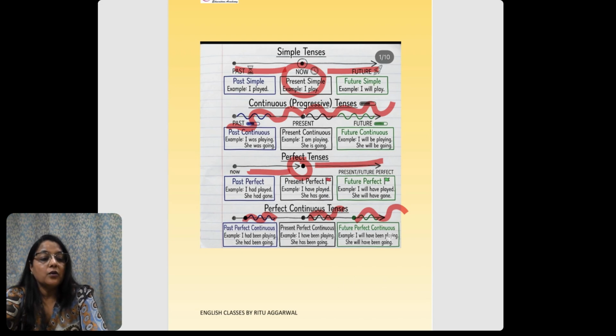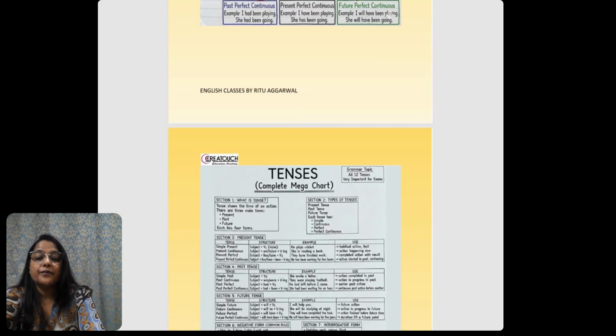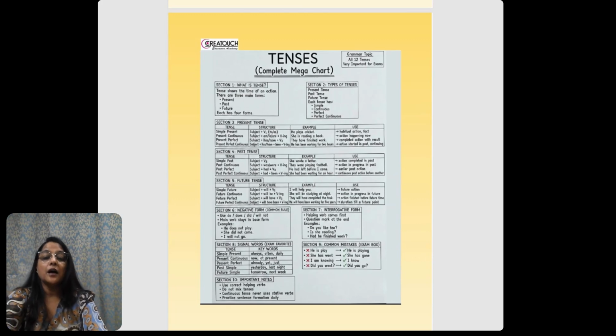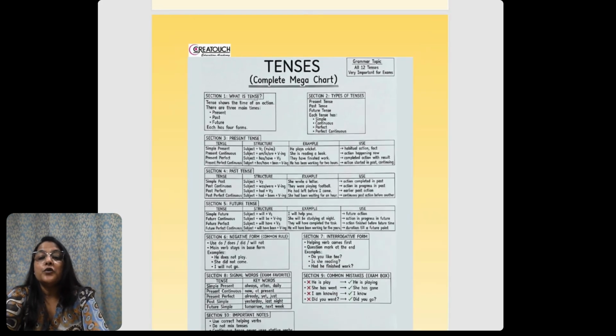Now this is a complete mega chart for tenses. It shows all the types of tenses, the present tense, the perfect tense, the future tense, and all the changes we can make in the tenses.